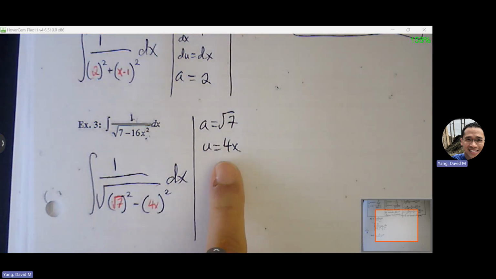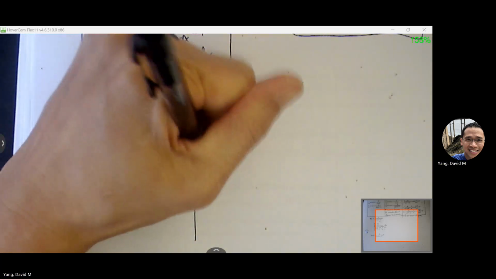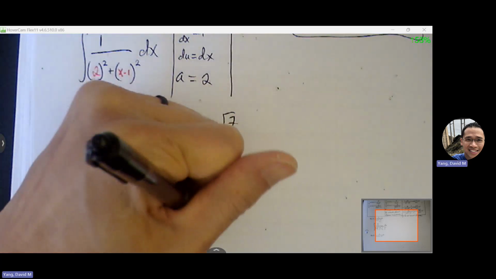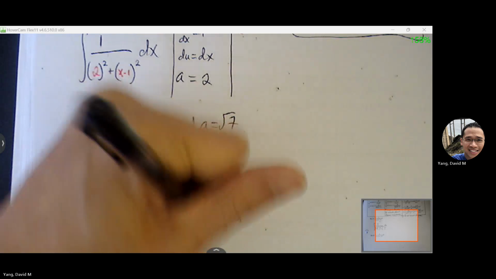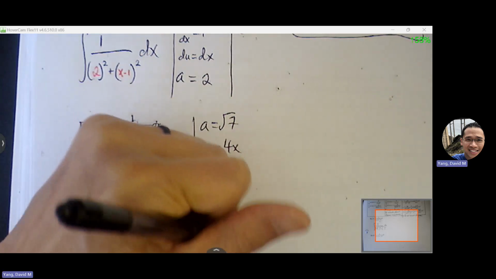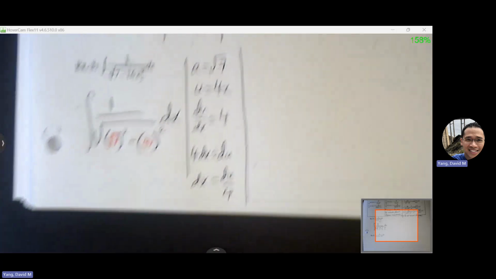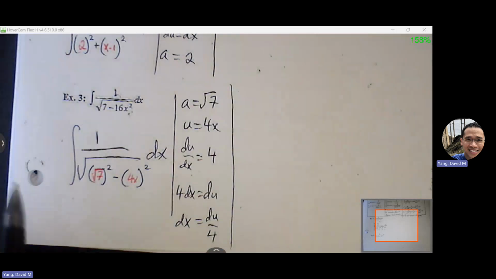Now, my u is more than just an x, so I'm going to have to worry about a little bit of leftover for my du dx. So derivative is 4, cross multiply. So dx equals du over 4. So there's going to be a leftover 1/4. That's going to be part of my setup.